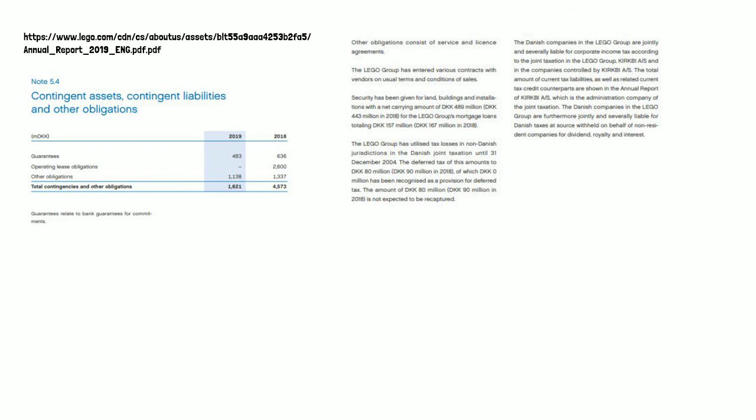That gives part of that indication, but what is more important is the detail to the right, which gives an explanation of what all of this relates to. And that's the key bit. So you have to derive a number if you can, but the key is explaining what these types of obligations or contingent liabilities could be.